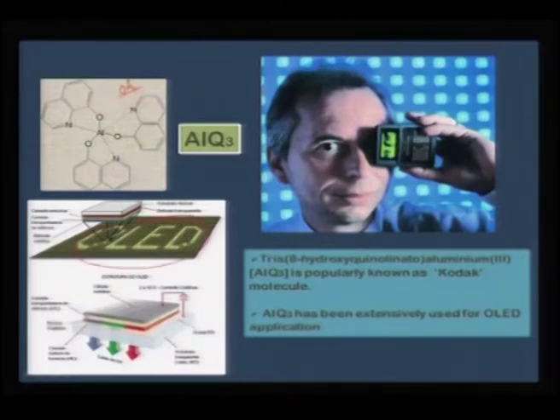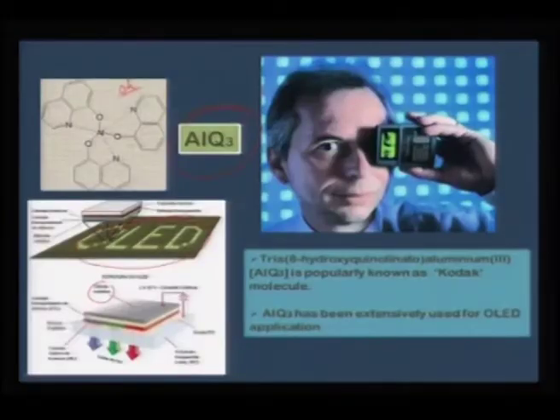As a result, this has been used in the organic light emitting displays, and the cartoon you see here is a typical light emitting device where you have the anode here and several layers are there, and the top layer is nothing but your cathode material, and in this light actually comes from in between as blue, green or red, and this particular layer can be modified by substitution with AlQ3, and because AlQ3 is an organic molecule, it offers several advantages to make large area depositions of LED displays, because the conventional inorganic materials cannot be made into large area displays.